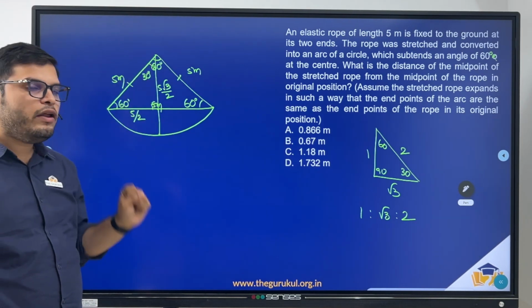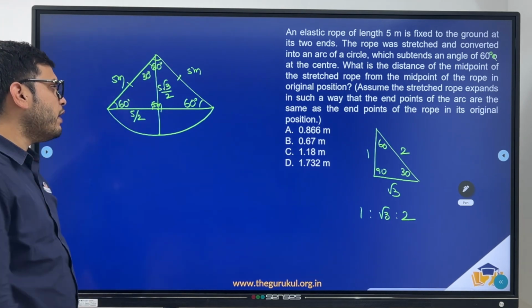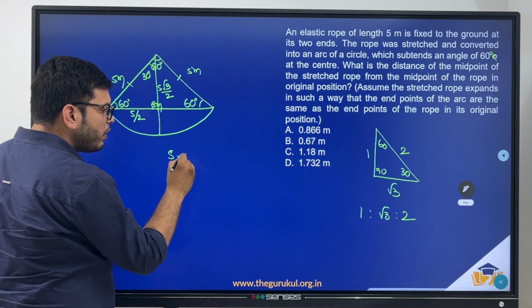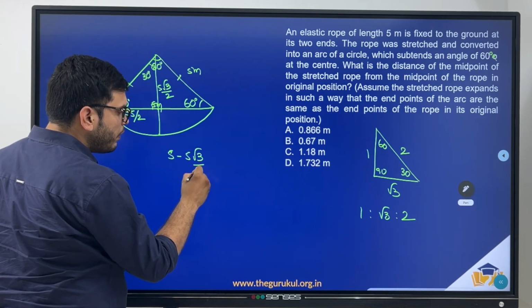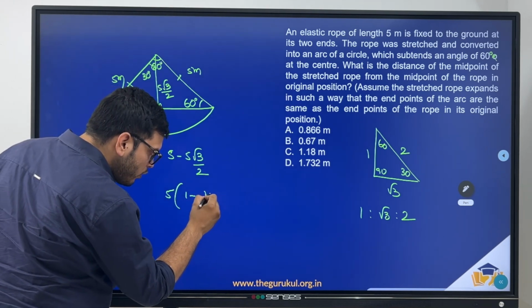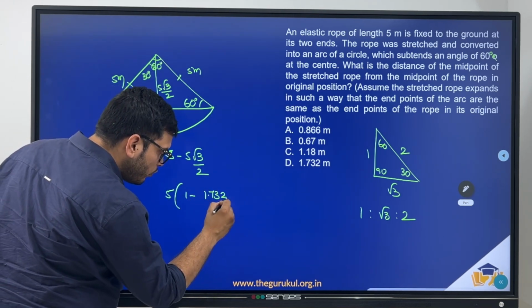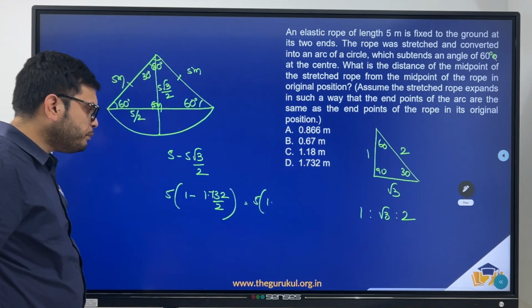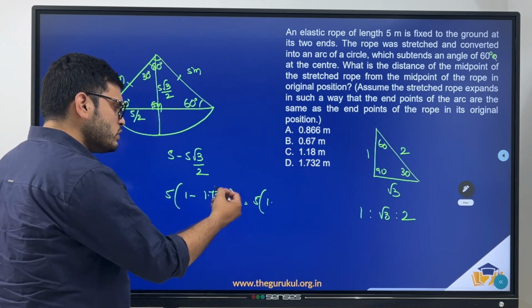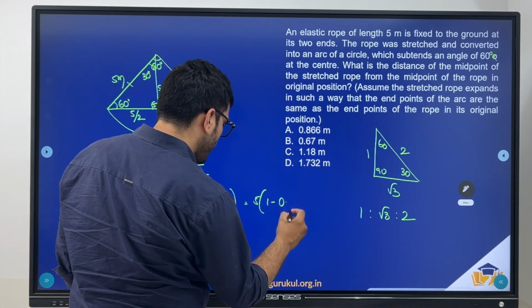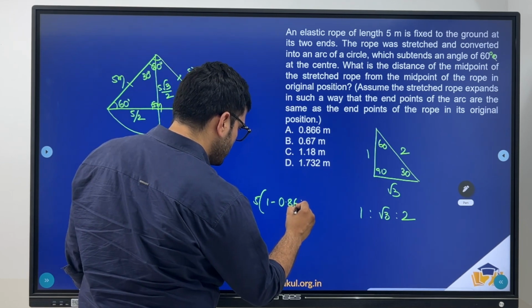Now we know that the radius of the circle or that arc is 5. Now if we are asked to find the length of this part, that should be 5 minus 5 root 3 by 2. So 5 into 1 minus the value of root 3, which is approximately 1.732, by 2. Now this is 5 into 1 minus 0.866.